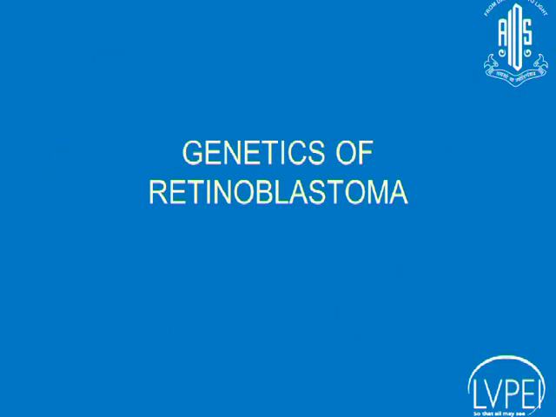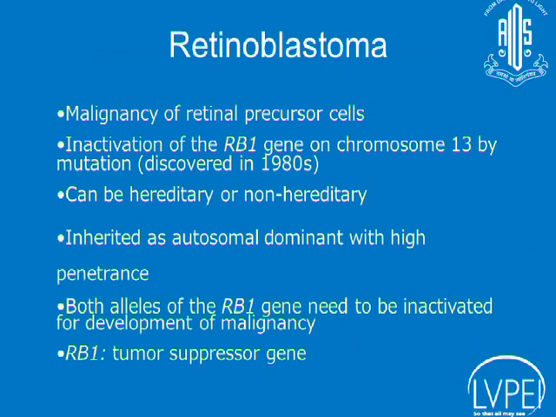So coming to retinoblastoma, this is a very classic disease, and it turns out to be a model both for oncogenesis as well as for genetic disorders. In many ways, it's the first prototype.